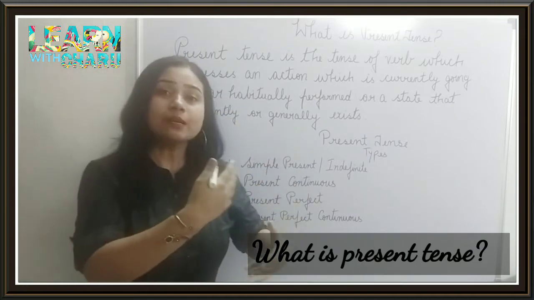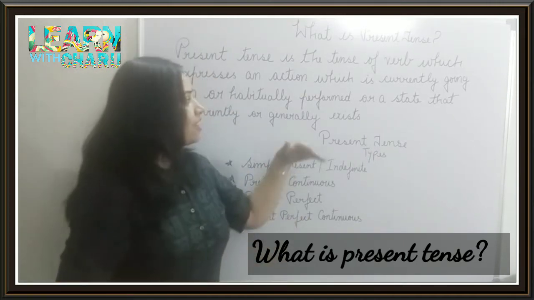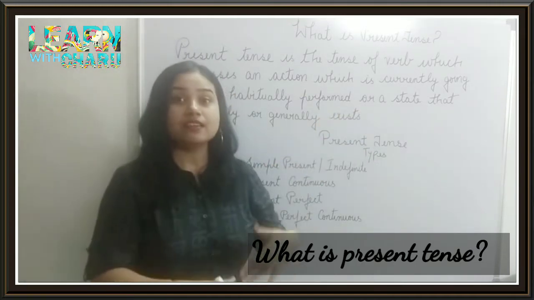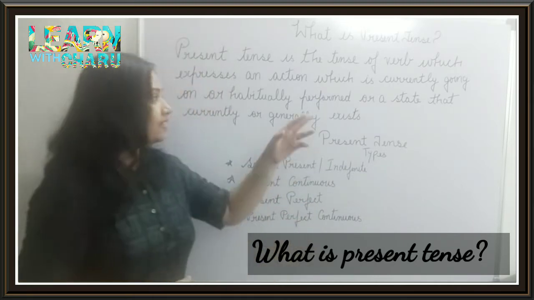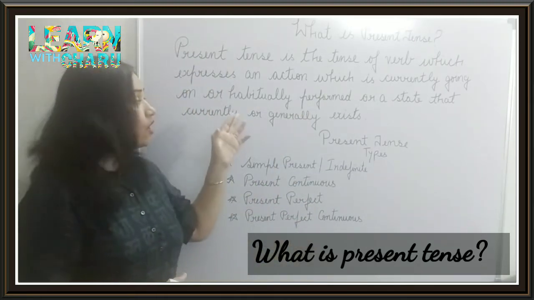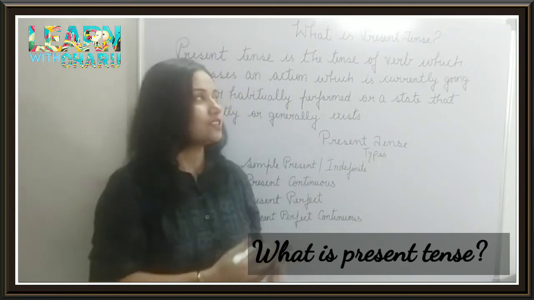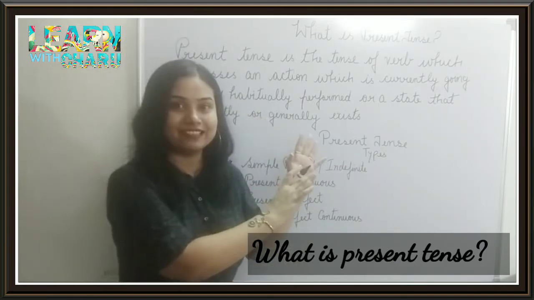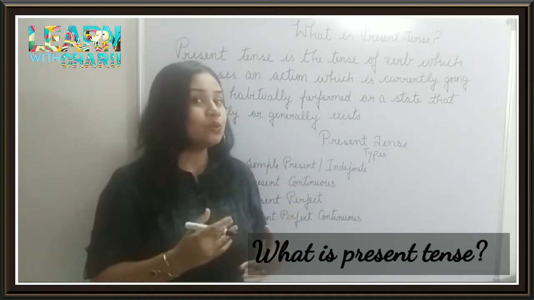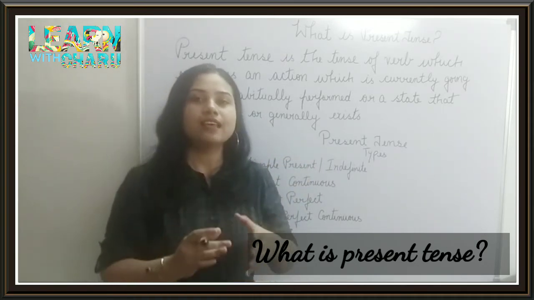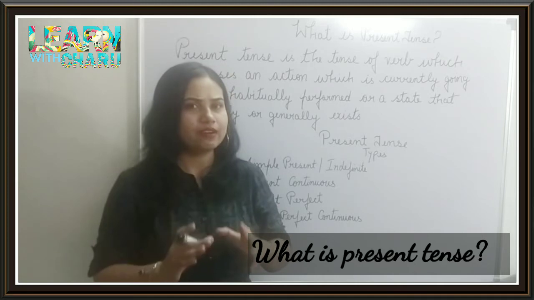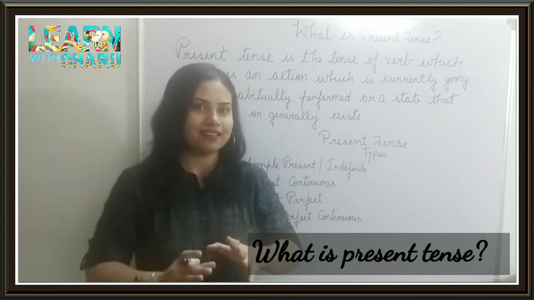Or habitually performed, okay? Or a state, meaning a situation that currently or generally exists, right? So this is called present tense. I'll give you the uses of present tense, then you can understand it very easily and very nicely.